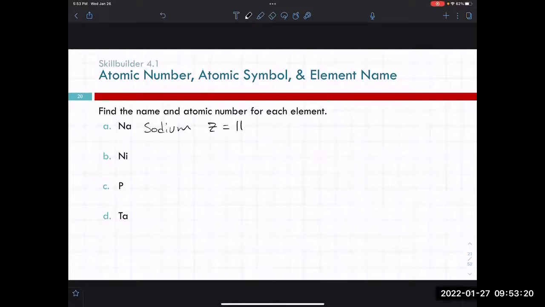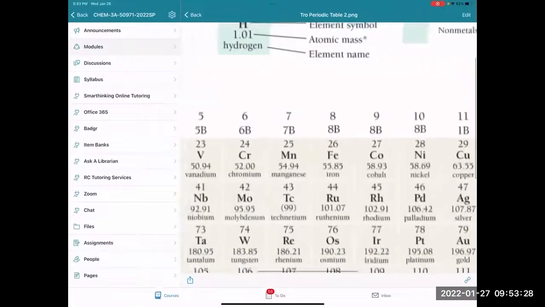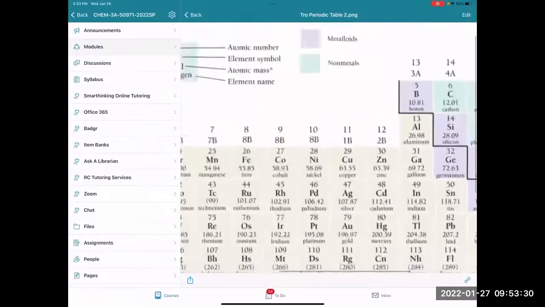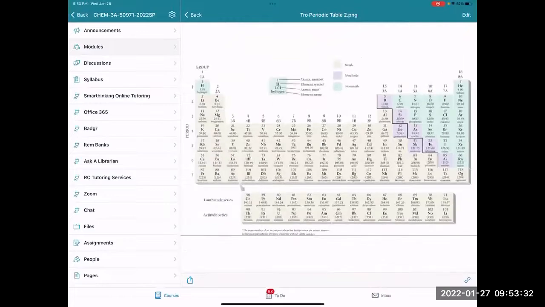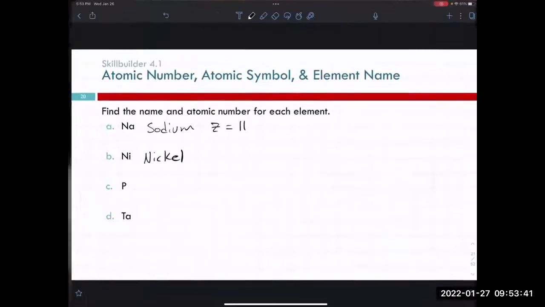Nickel. I know I heard some people already saying it. Nickel is, so it's like 28. So this is one of the reasons too that I have you at least memorize the names, because there's a lot of elements here and it can be hard to find things.